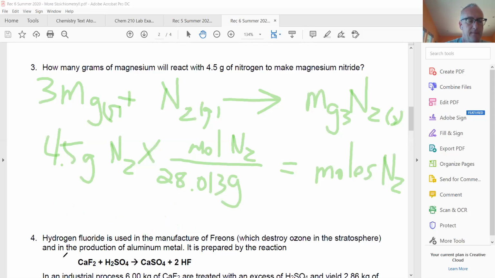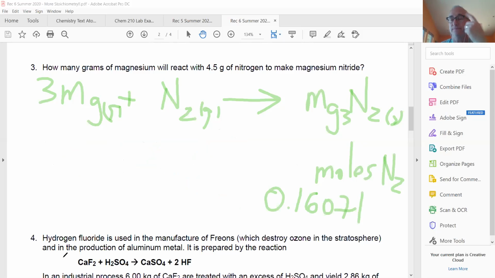So how many is that? 0.16071 moles. Okay, now we're getting somewhere. So that's how many moles of nitrogen we have.